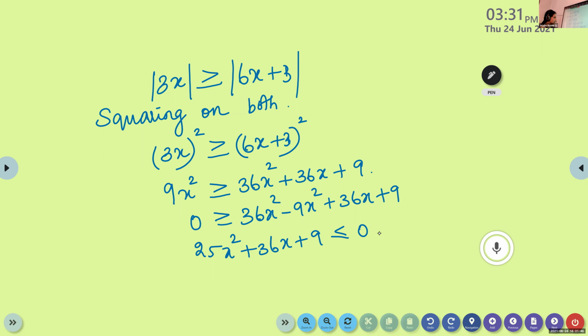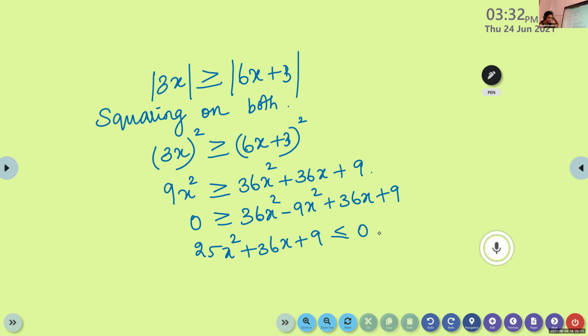Now how to solve this? Okay, so this is less than or equal to 0. Okay, listen. First step is we should make the coefficient of x square as 1.